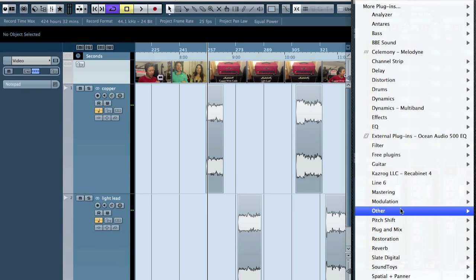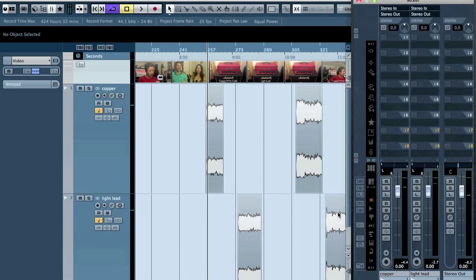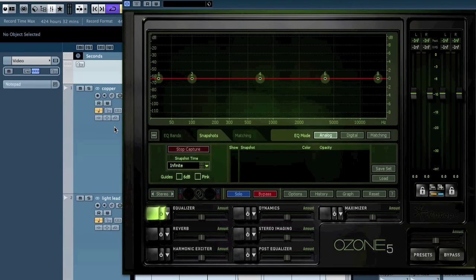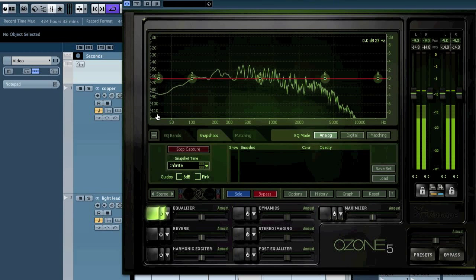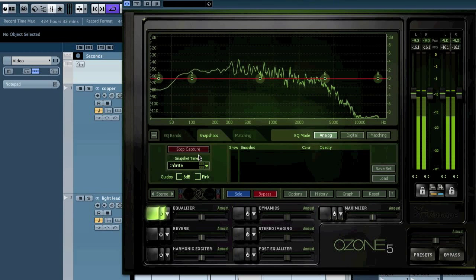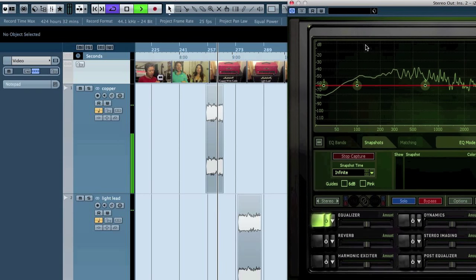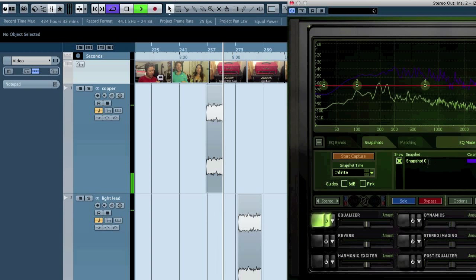So let's take Ozone, match EQ. Let's capture both of them. All right, starting capture of the copper. All right, that is the copper.